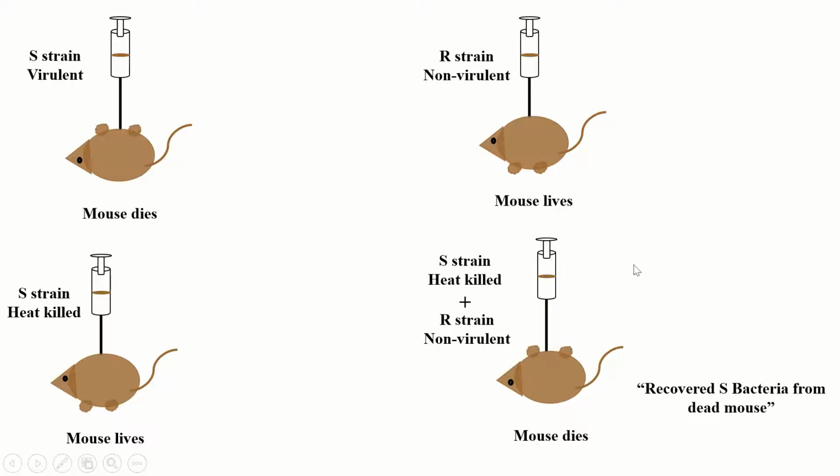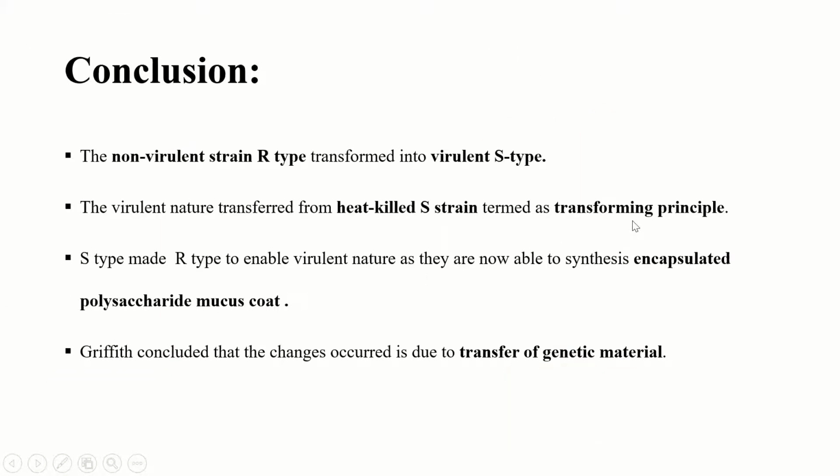And from this fourth stage, he recovered S strain bacteria from the dead mouse. And he concluded that the non-virulent strain, which was R type, transformed into the virulent S type. Now this virulent nature transferred from the heat killed S strains, and this is termed the transforming principle.